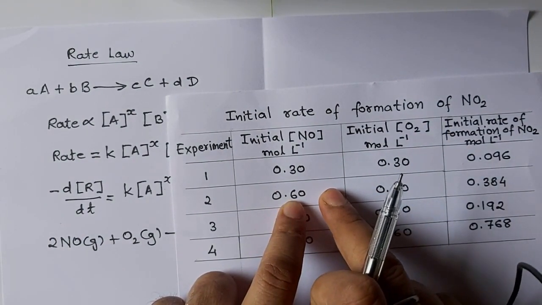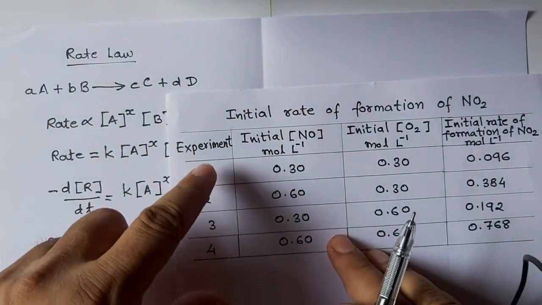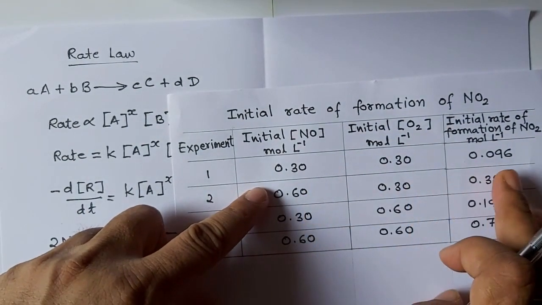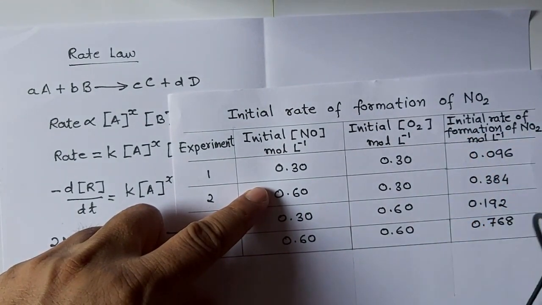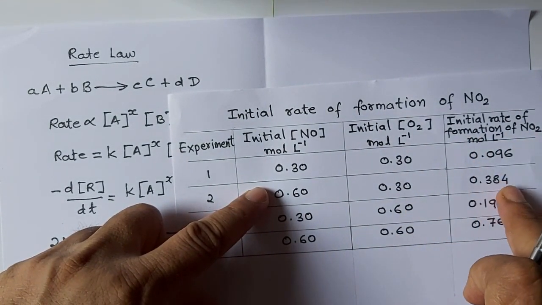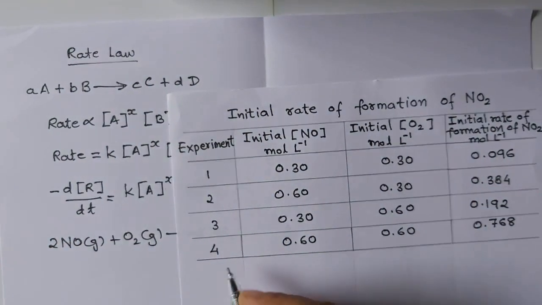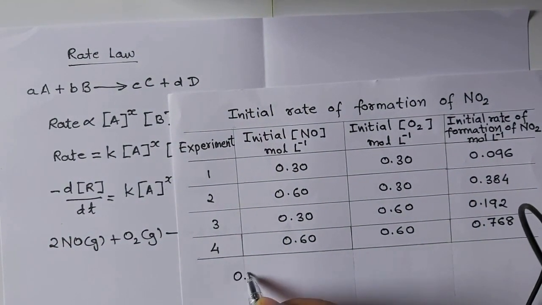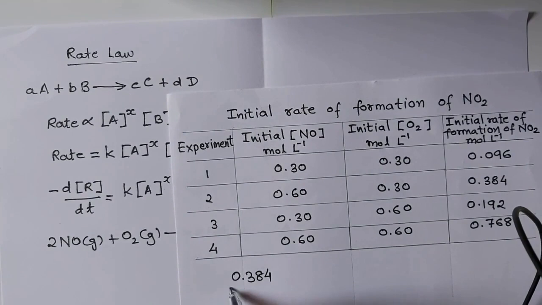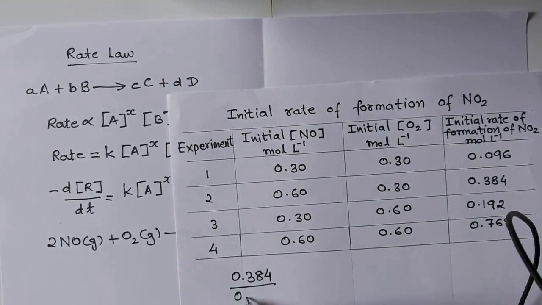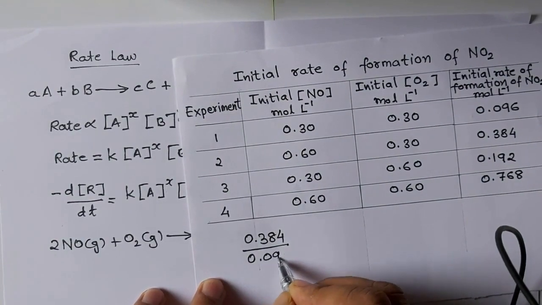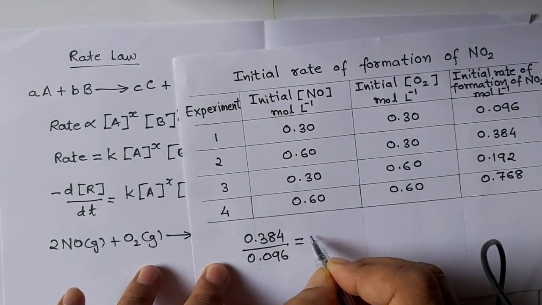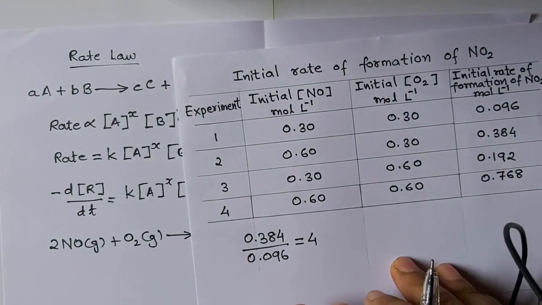So we are only changing the concentration of NO. In that case, the initial rate of formation of NO2 increases to 0.384. Let's see how much that is: 0.384 mole per liter divided by 0.096. This value comes to be 4 times.